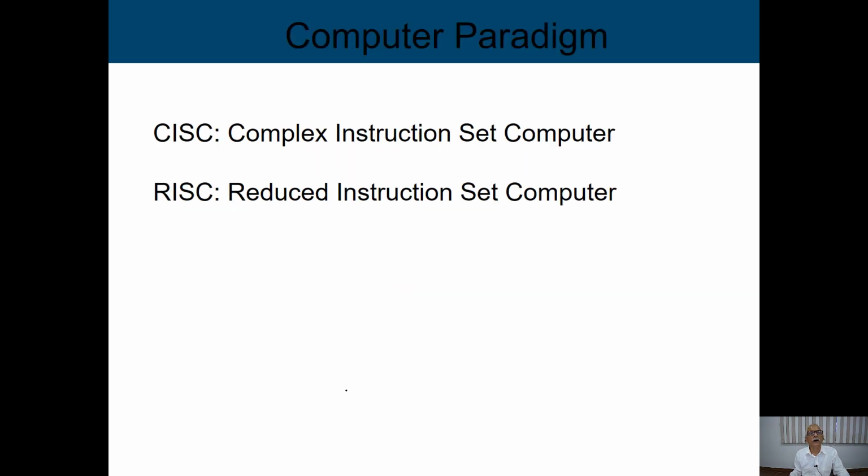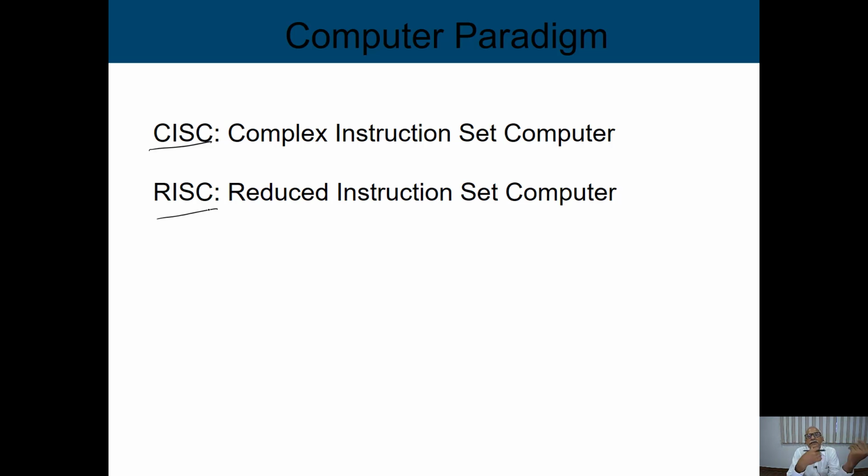Now, currently there are two terms or paradigms we have: CISC and RISC. CISC is the complex instruction set computer, and RISC is the reduced instruction set computer. Suppose today I have developed a computer, but when users use it, they feel that some more instructions are required.